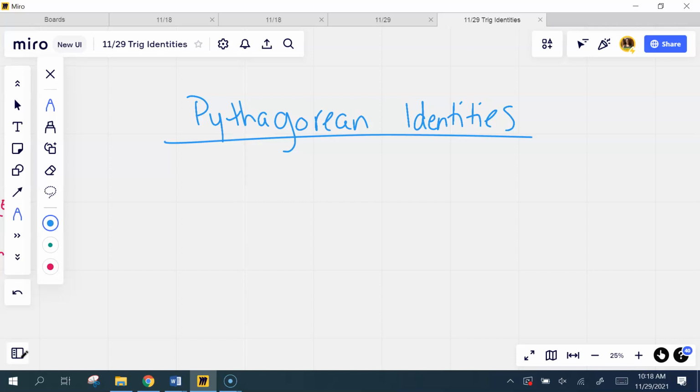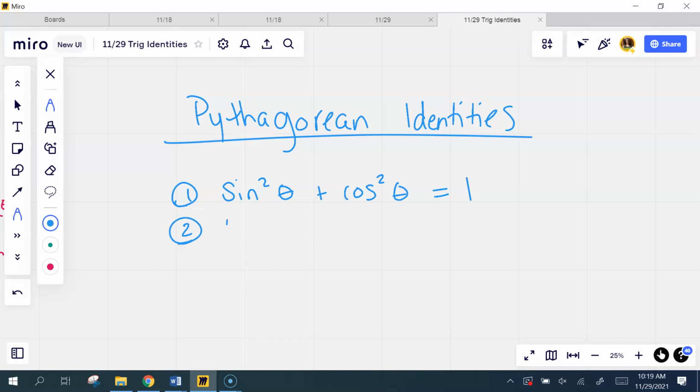All right, so I told you three. The easiest one to remember is sine squared plus cosine squared equals 1. Okay, now we could rework that. We could say that this is the same thing. Sine squared equals 1 minus cosine squared, or cosine squared equals 1 minus sine squared. If you see any of those anywhere.